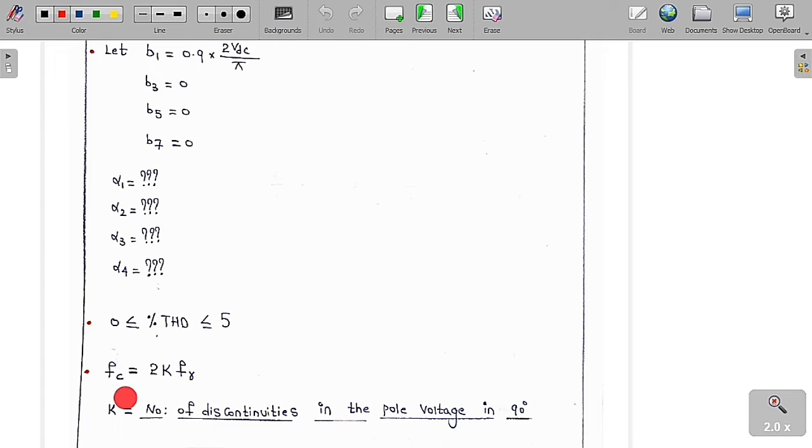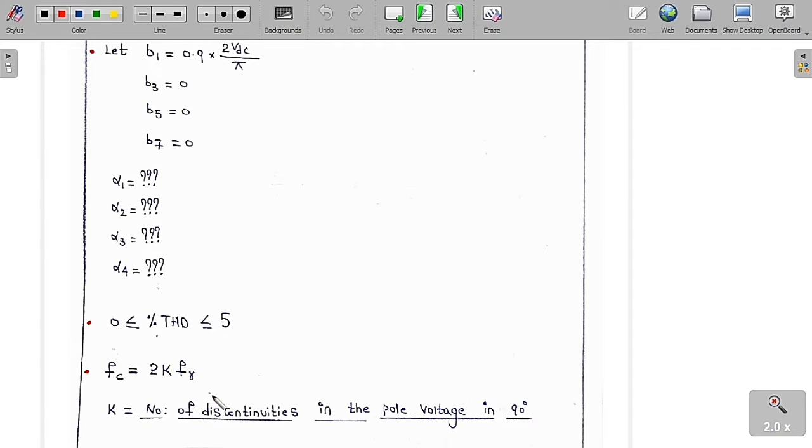And I have already told you that FC is called the frequency of the carrier signal. It is always equal to 2 into K into Fr, where K is called the number of discontinuities in the pole voltage in 90 degree. So FC is equal to 2K into Fr. It's a general formula.